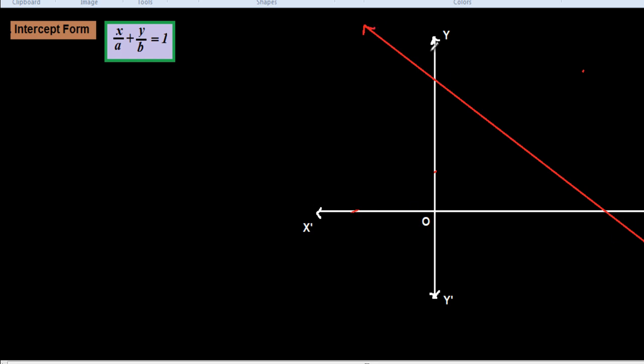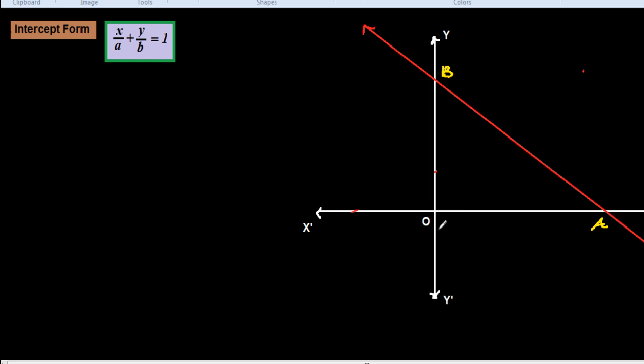This is our x-axis, this is our y-axis, this is the origin, and this is the line whose equation is to be found. There are 2 points where it cuts the coordinate axes, at a and b respectively. This is a point A, and this is a point B.